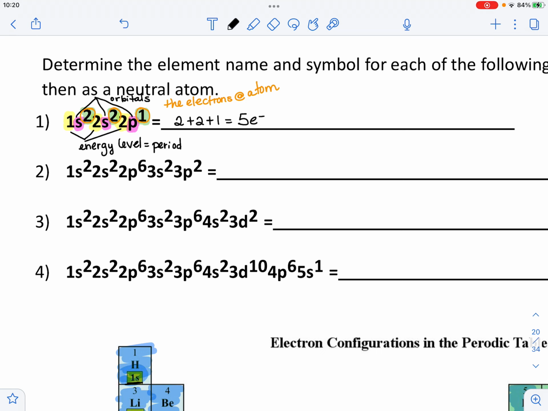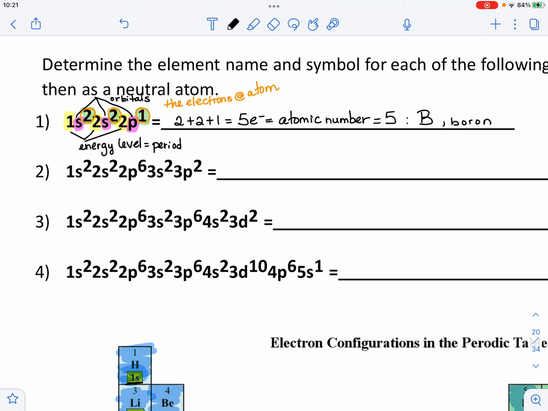Because so far we are speaking specifically of atoms that are in ground state, this is going to equal the atomic number. So I'm looking for the element that has atomic number 5. And when we look at the periodic table, that corresponds to the symbol that is a letter B, and B corresponds to the element that is called boron.